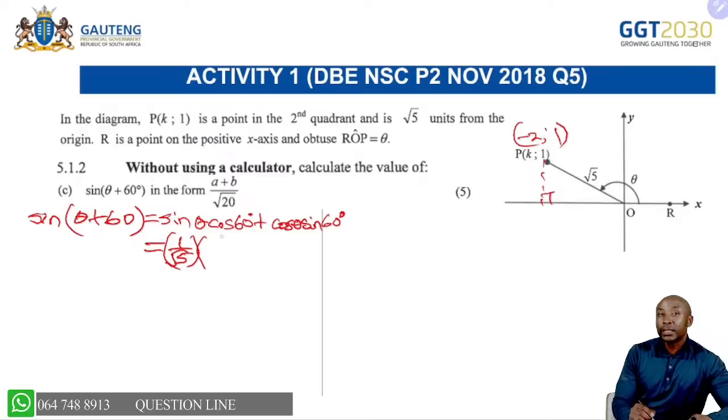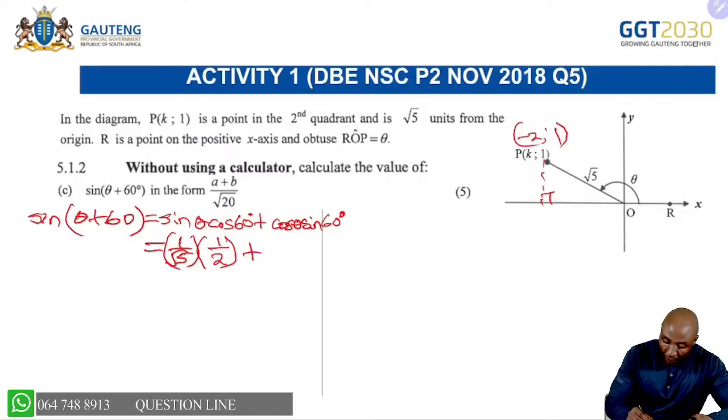Cos 60 is a special angle, and we know that cos 60 is the same as sine 30 on our special angles, plus cos theta. We are able to see that cos theta, you are looking at the diagram, our x is negative 2 over square root 5. Sine 60, we know that it's square root 3 over 2.